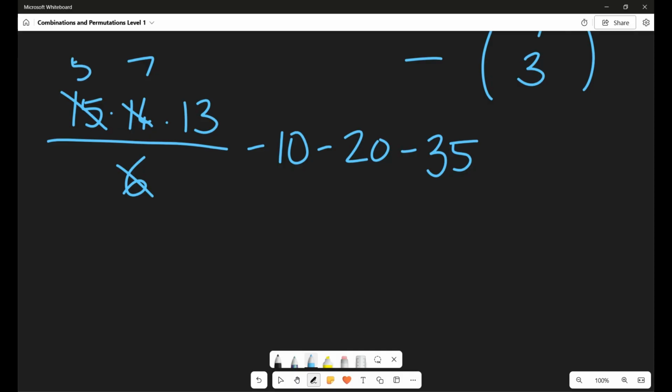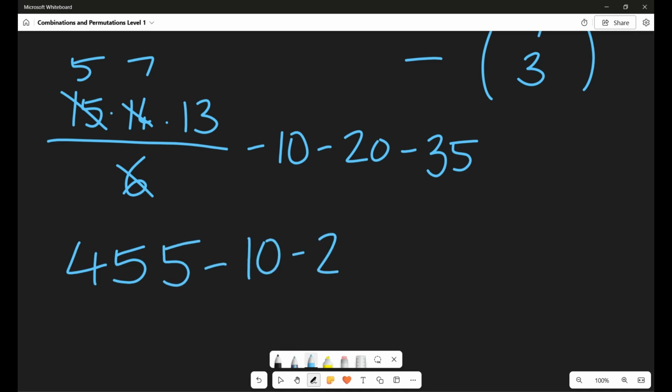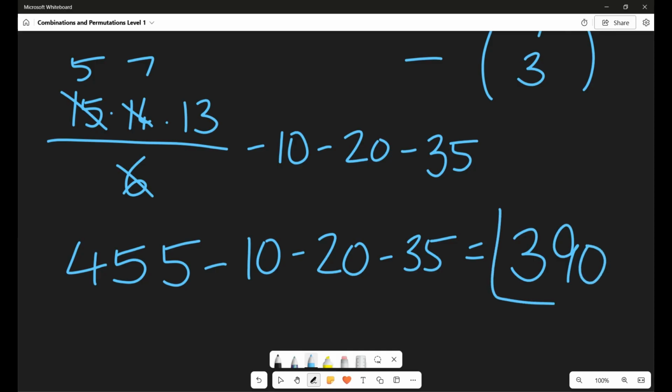Here we get 5. So it comes out to 5 times 7 times 13, which is 455. Then we subtract 10, 20, and 35 to arrive at our final answer of 390.